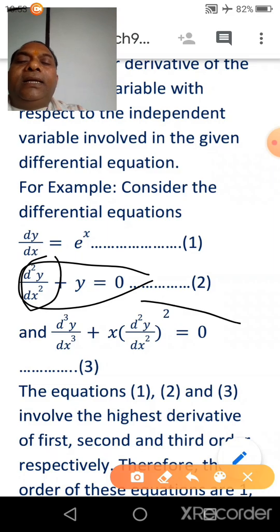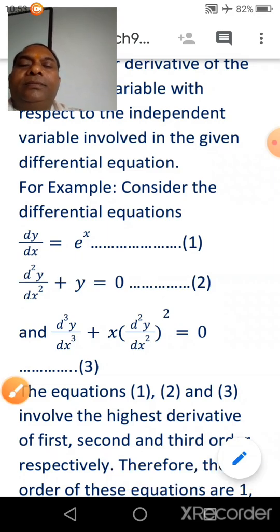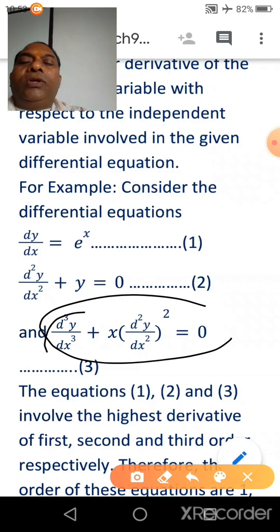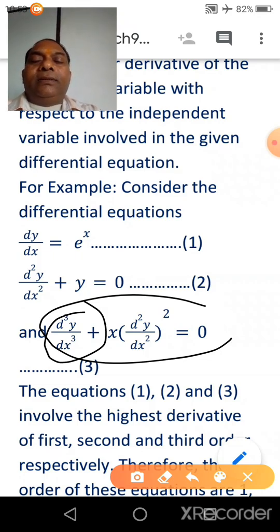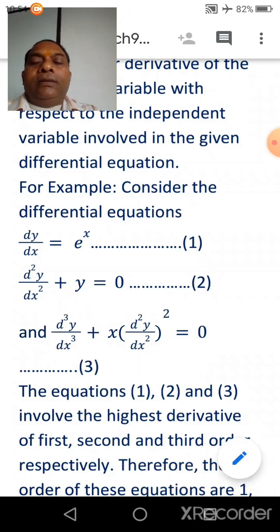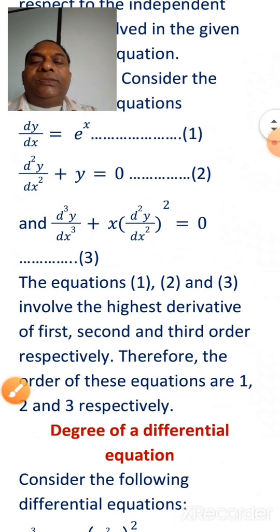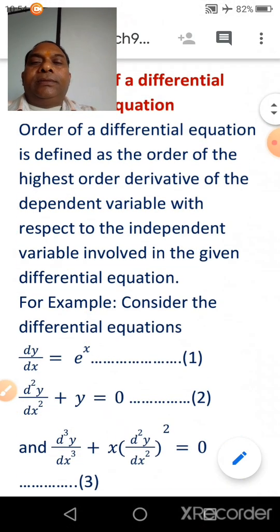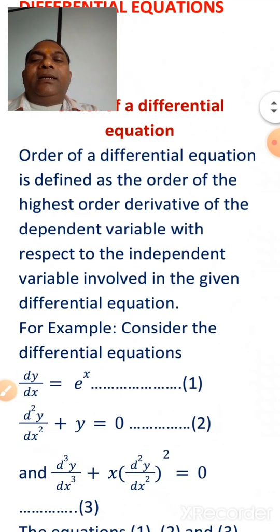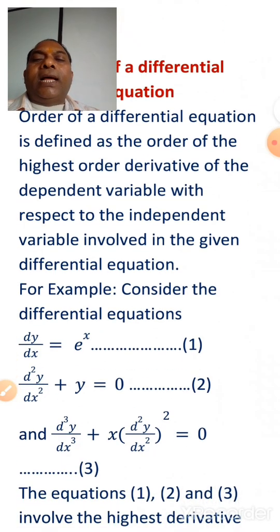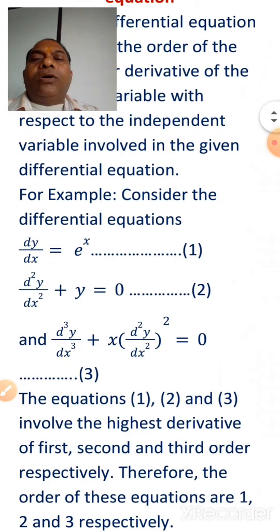And in third equation d3y by dx cube is third order derivative, so its order will be 3. Clear? So means to find the order, we have to find highest order derivative. So highest order derivative represent the order of the differential equation.